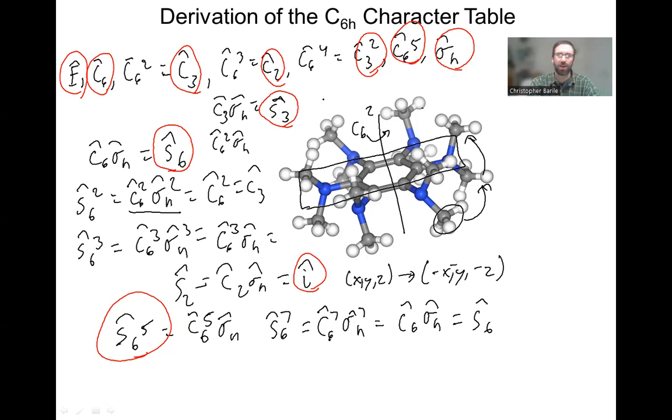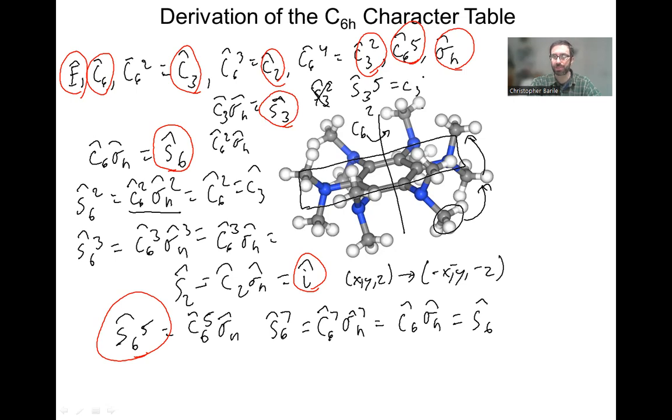And then we could think about, all right, what if we do an S3 two times? Well, we know that's an even number, so that's not going to be unique, because we can get even numbers of sigma h's. S3 three times is going to spin us back around to identity, because we're going to C3 three times. S3 four times isn't unique because it's an even number, but S3 five times is.